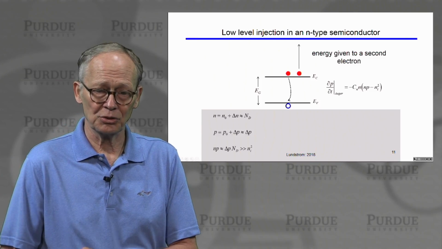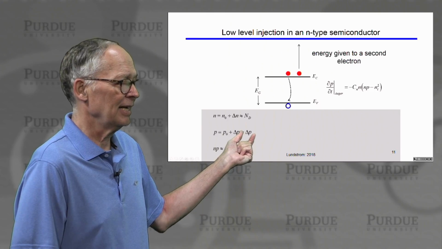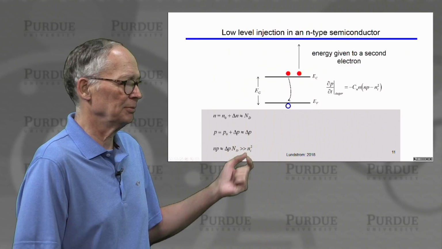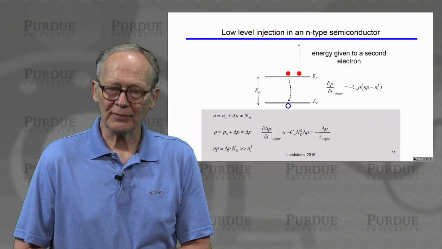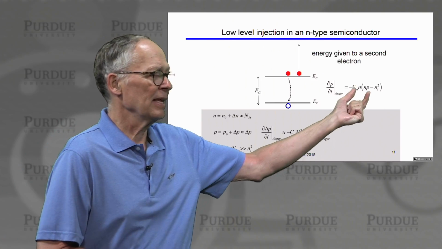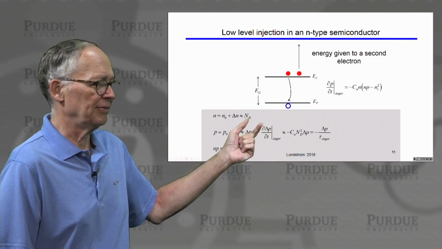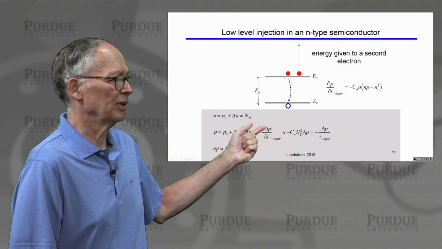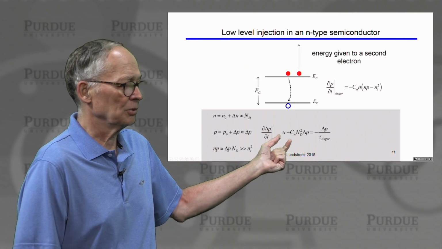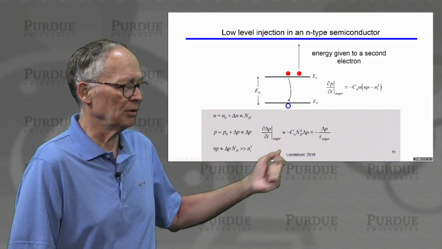The product of the two is going to be much bigger than Ni squared, as long as I'm introducing an excess carrier concentration that's much bigger. Okay, so I can use these approximations for np. In this relation, I can ignore the Ni squared, and I find that the rate of change of the minority hole concentration is equal to minus this constant c sub n times Nd squared times delta p.